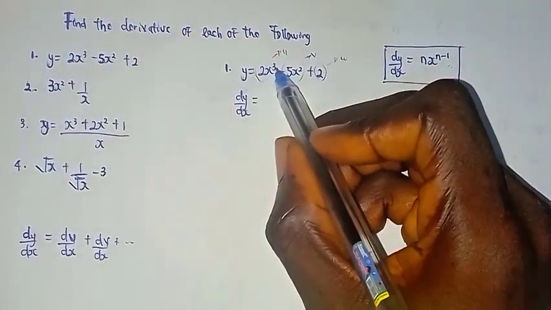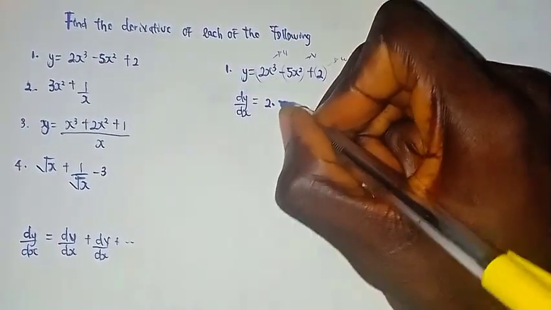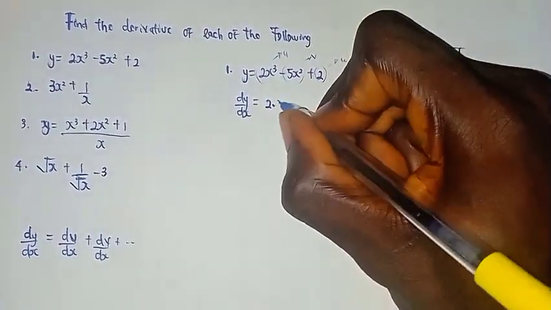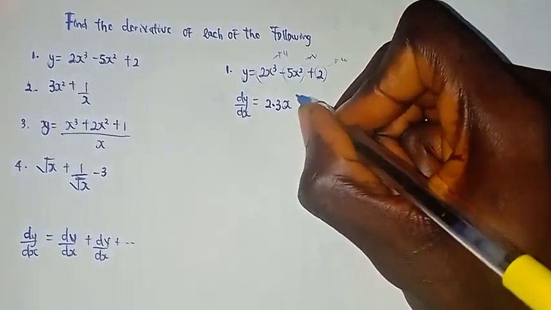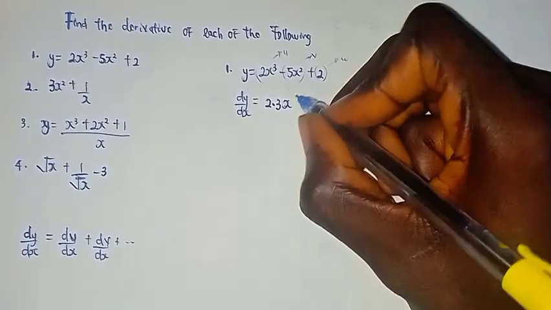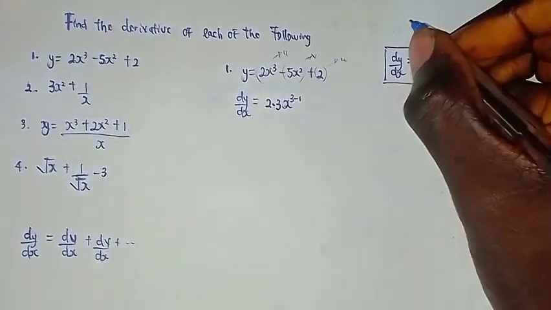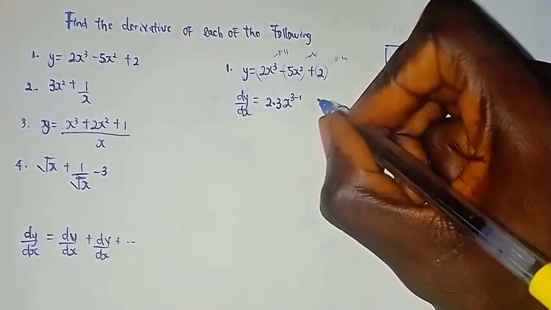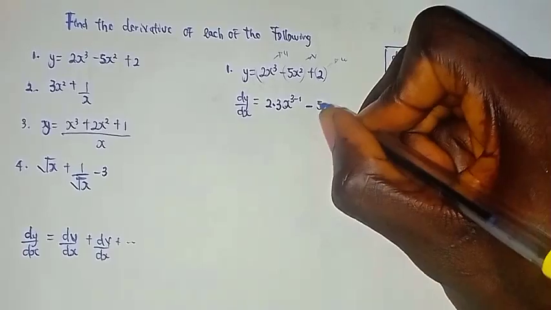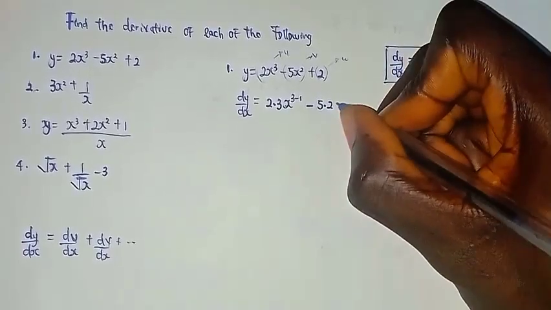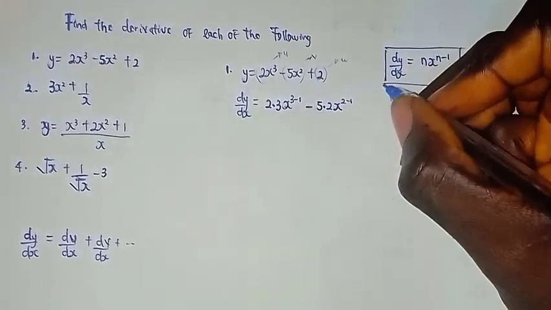So this is our power. It becomes 2 multiplied by 3, the power, and then x with 1 subtracted from the power, so 3 minus 1. That is for u. And then minus 5 multiplied by 2 times x to the 2 minus 1.